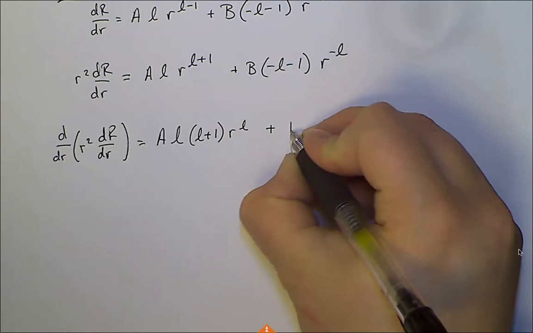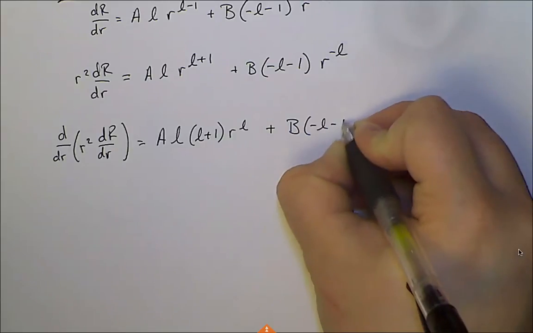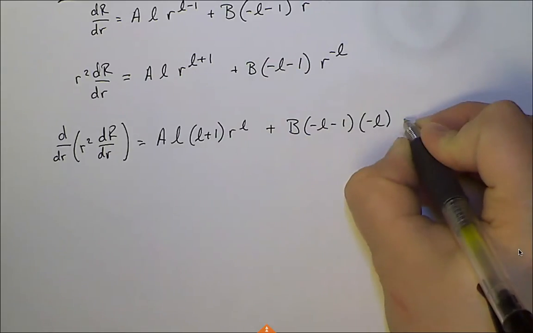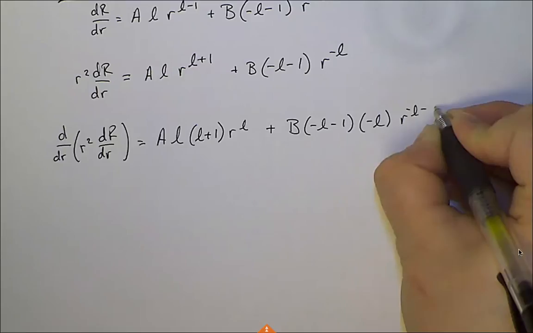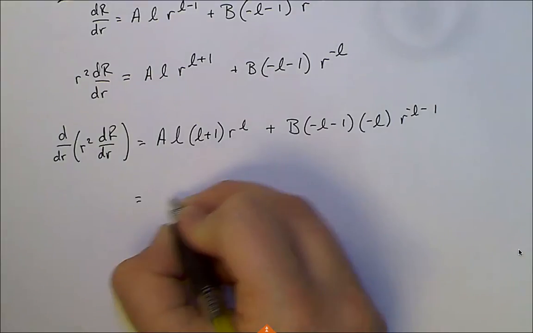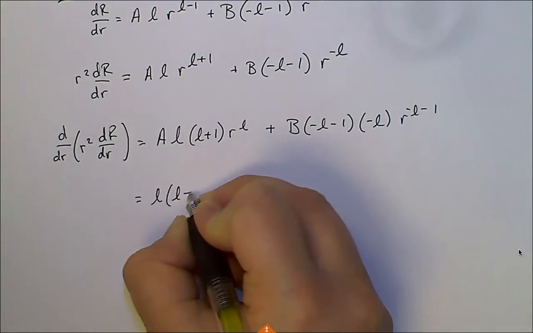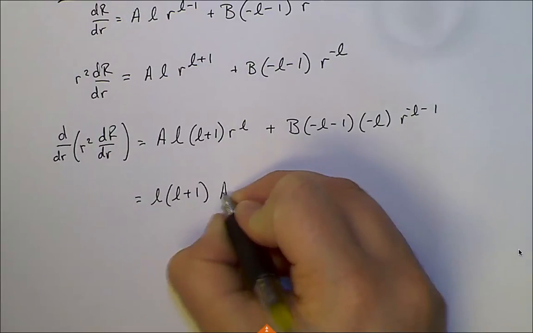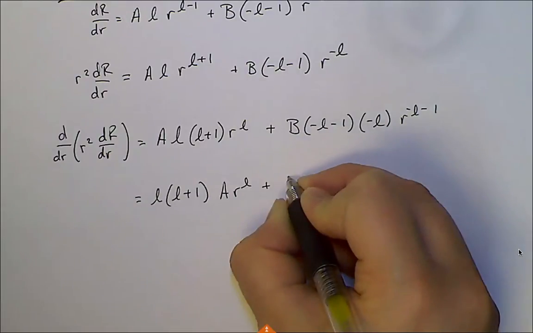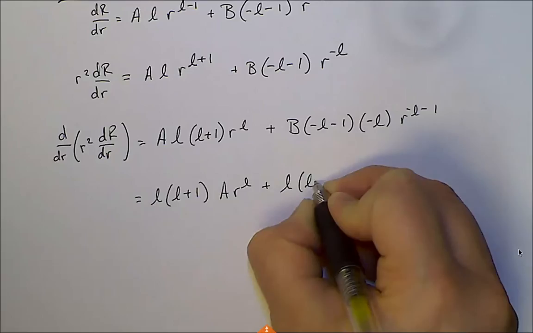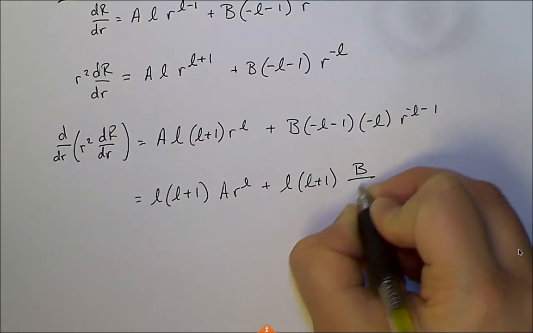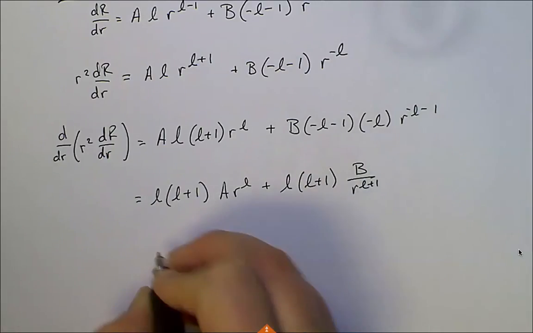And now we have b times minus L minus 1 times minus L, r to the minus L minus 1. And this is L plus 1 times a, r to the L, plus L plus 1 times b over r to the L plus 1.